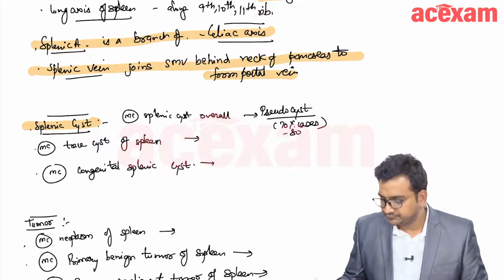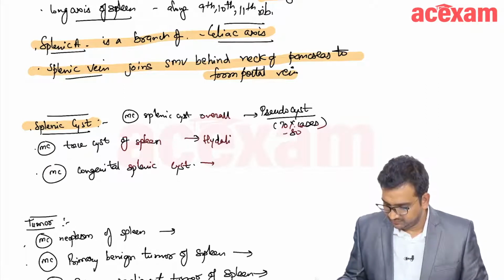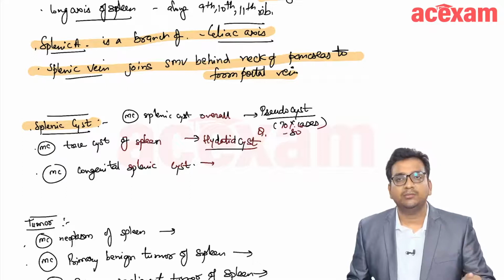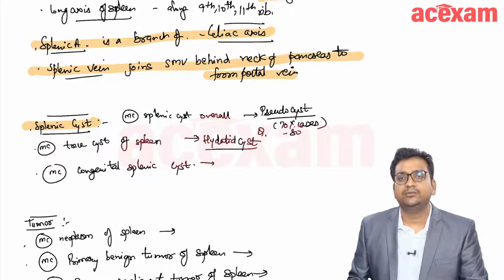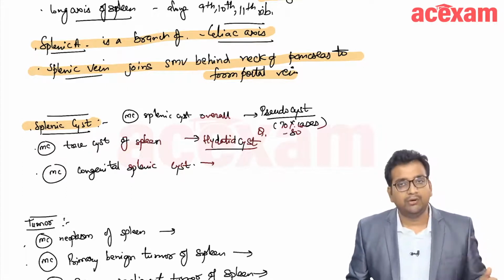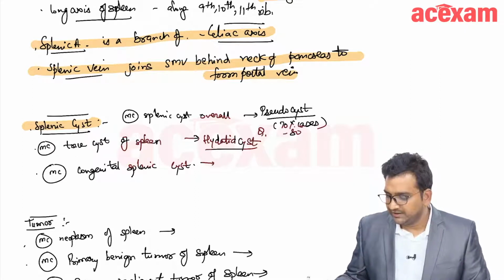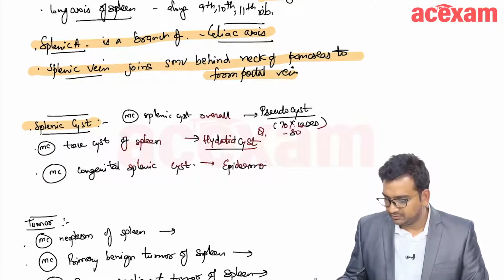It is hydatid cyst. Overall, most common type of splenic cyst is pseudocyst. Most common type of true cyst is hydatid cyst, and most common congenital splenic cyst is epidermoid cyst. These are from previous questions.